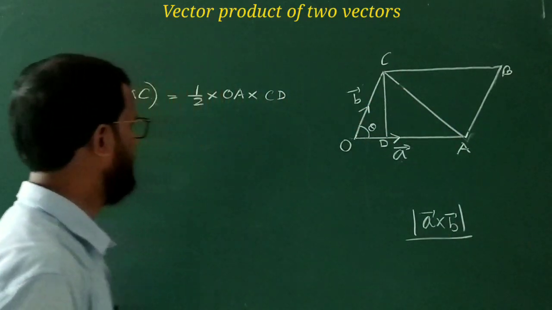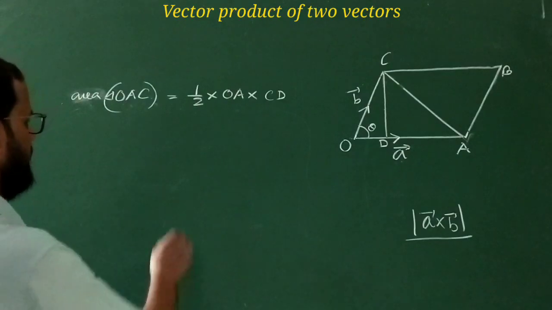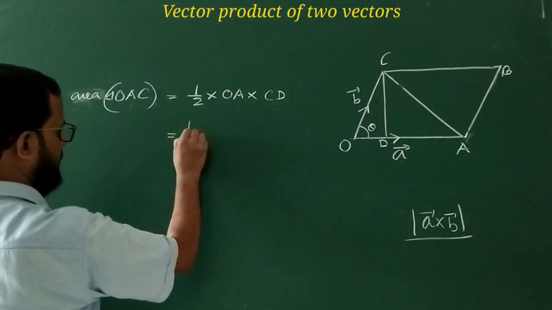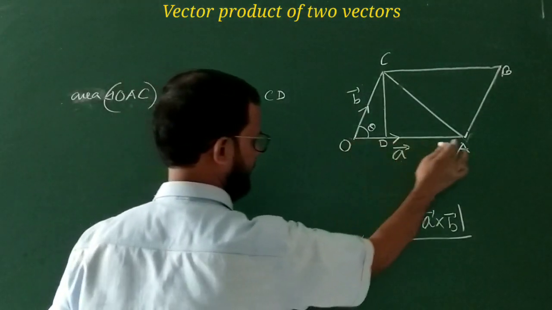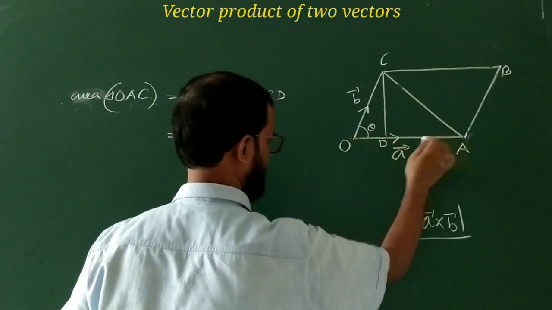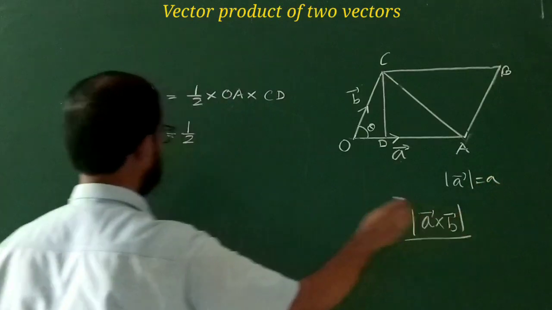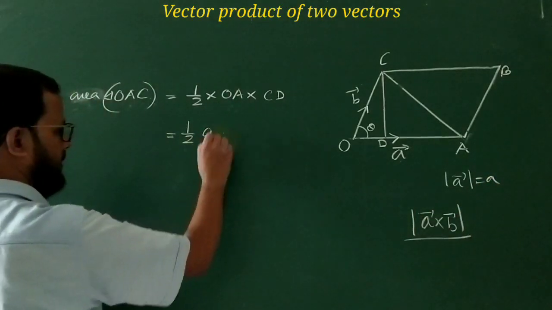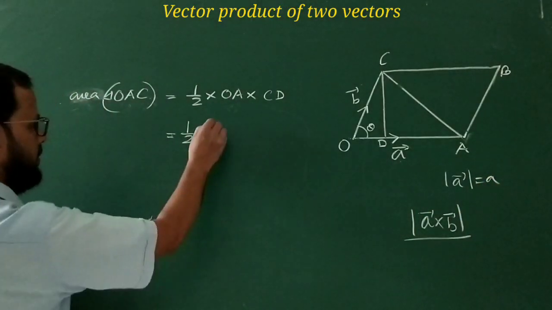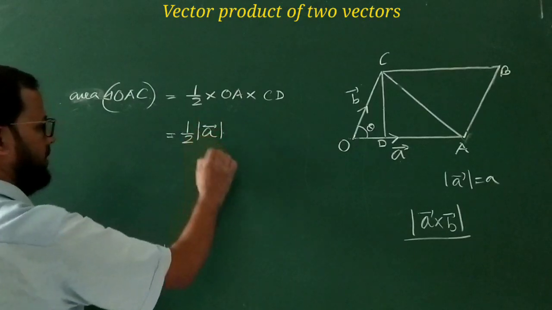We know this. OA equals the magnitude of this vector, which is represented by A, so it can be written A, or you can write magnitude of A, no issue.